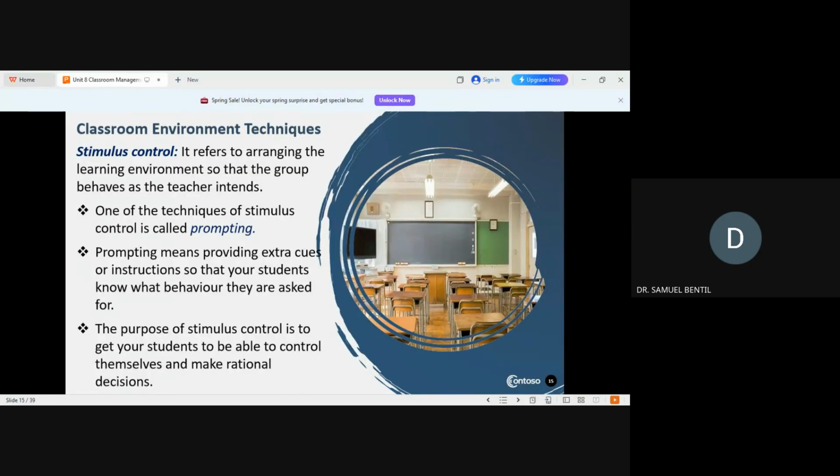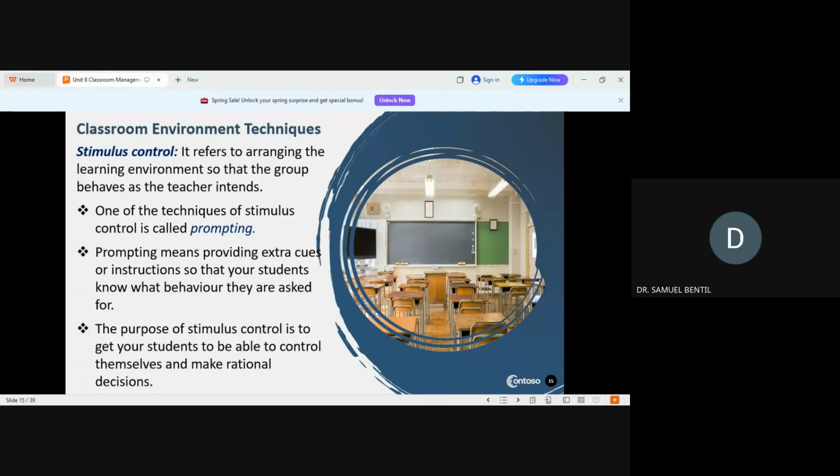Now, one of the techniques under stimulus control is what we call prompting. Prompting are the instructions or some cues you give to learners in order to guide or help them know the behaviors they are supposed to exhibit. That's why I say that this means providing extra cues or instructions so that your students know what behavior they are asked for.